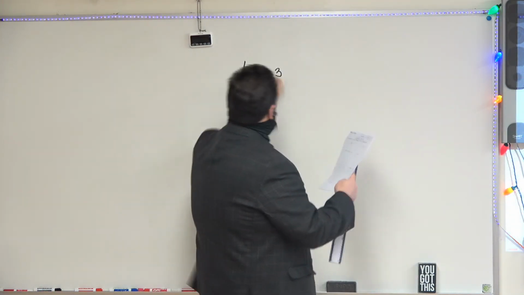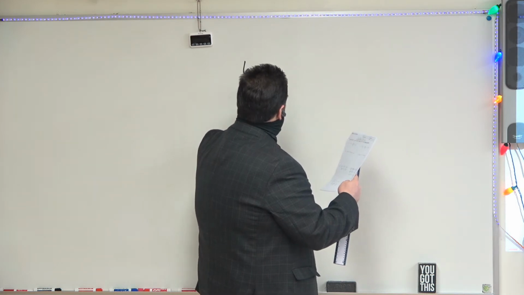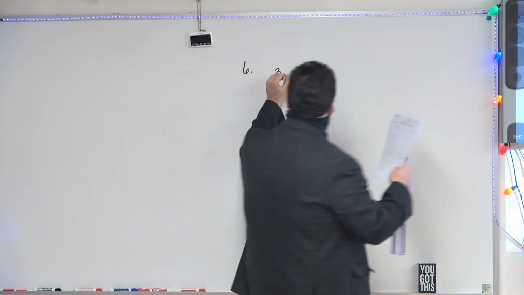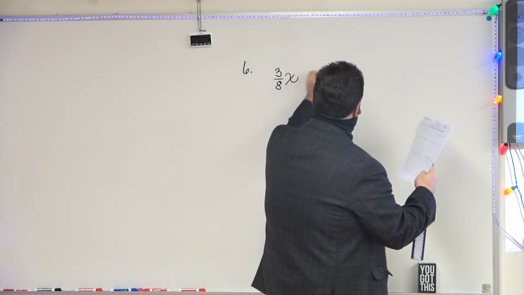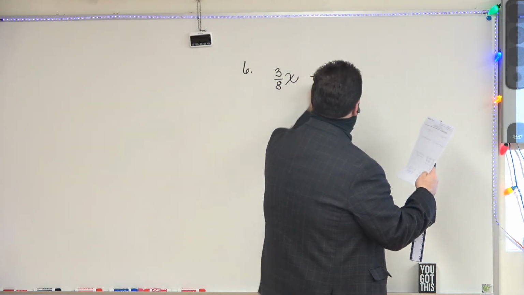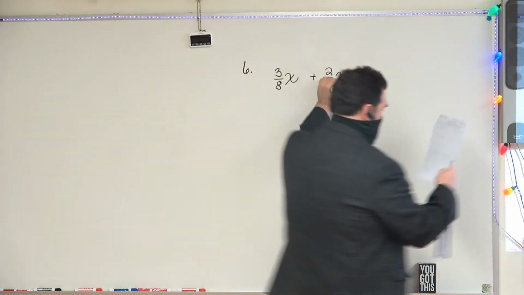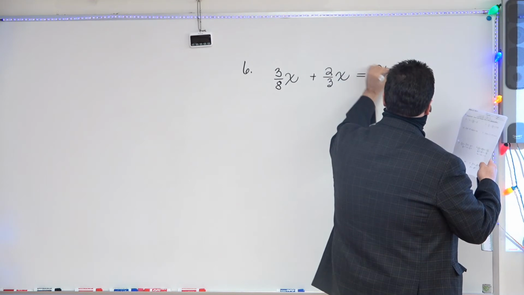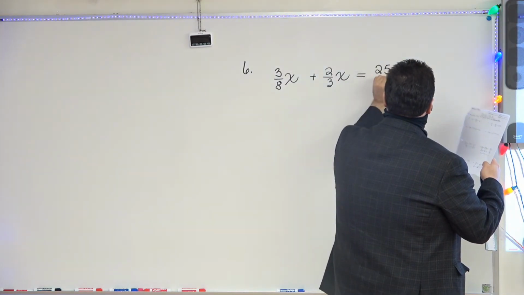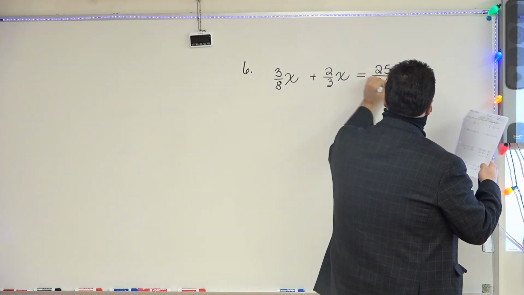3 over 8x plus 2 over 3x equals 25 over 24.